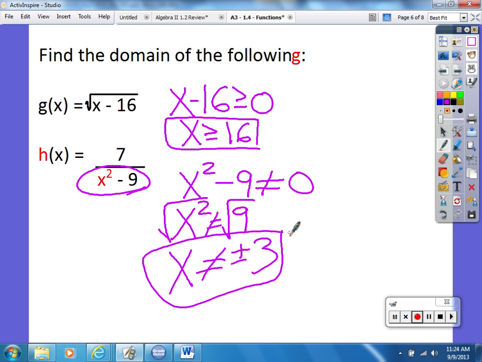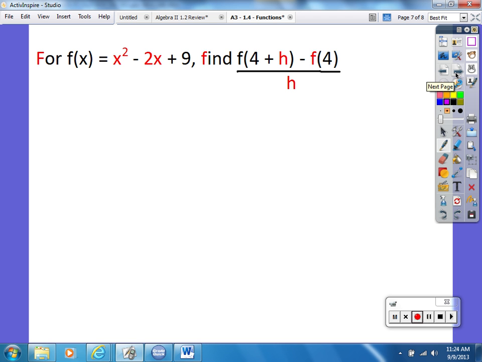All better? Last one. This looks like a big, giant problem, and in fact, it kind of is. But it's our last problem of the day, so I'll give you a minute to write it down.